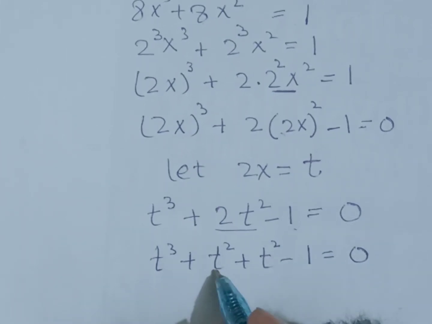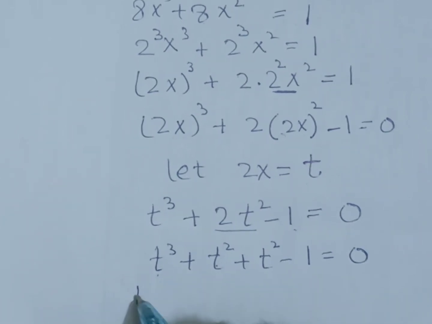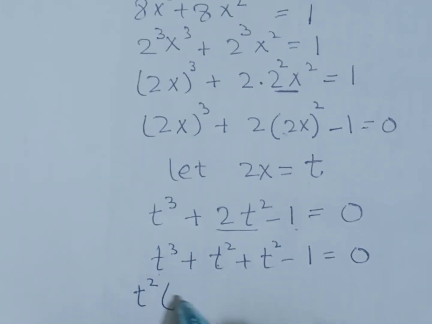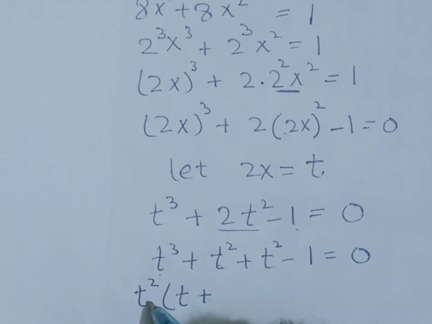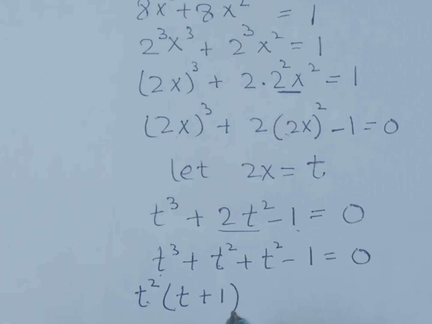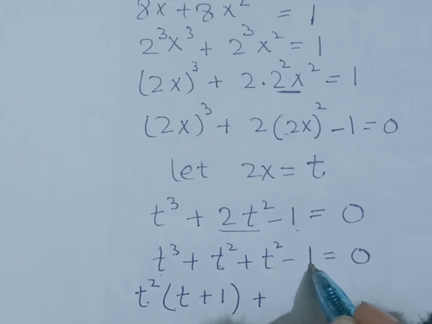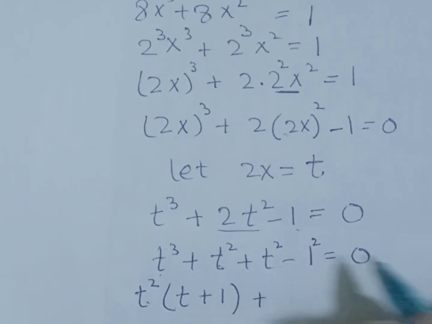So t square is involved in this term, it is also involved in this term, so we take it common. If we divide t cube by t square, then we get t, and if we divide t square by t square, then we get 1. Now look at this. This is a 1, and we can write 1 square. As you know, 1 square is equal to 1.